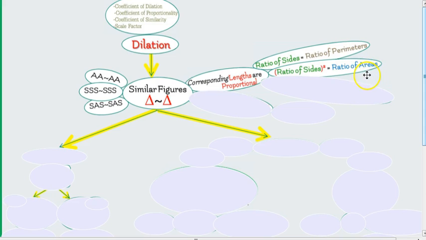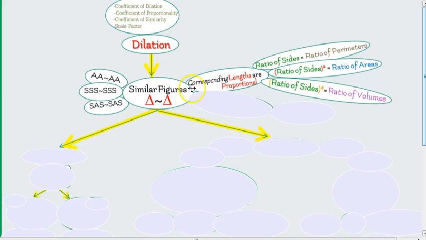You can even find the ratio of volumes for three-dimensional figures if you know the ratio of their linear corresponding sides. You simply take that ratio and raise it to the third power.